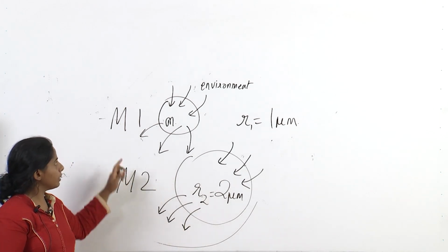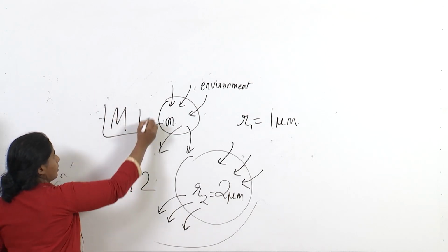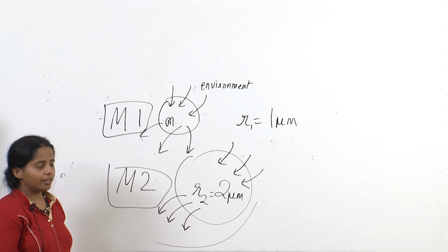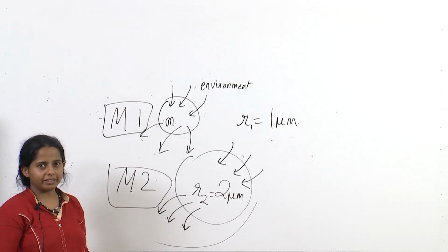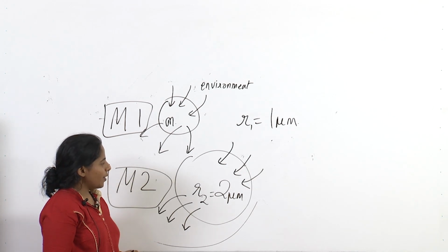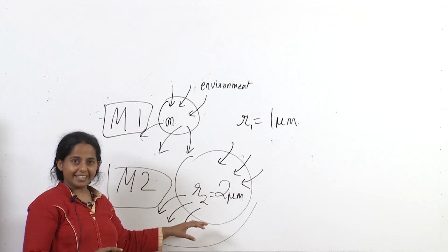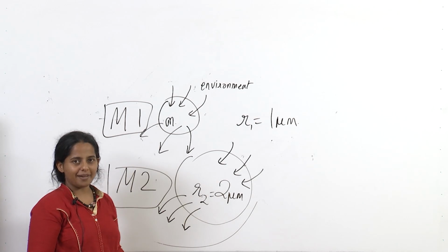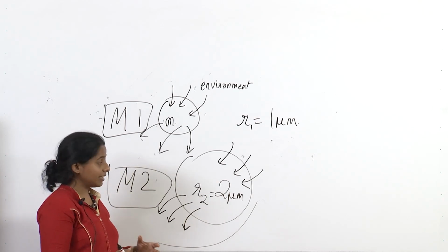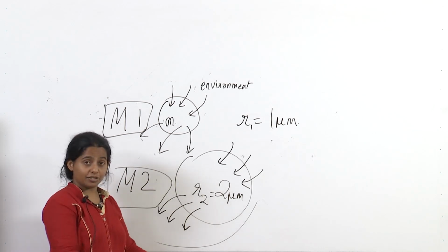Now which of these two, microbe 1 and microbe 2, is likely to survive longer and better? For this we have a principle that says the more easily a cell can interact with its environment, the more readily it will have access to the things it needs and the messages it needs to send out.